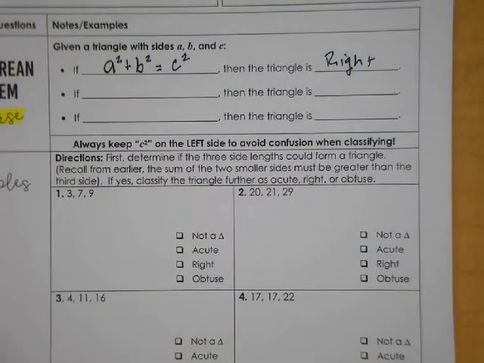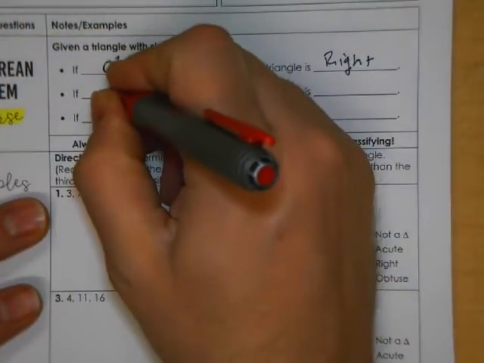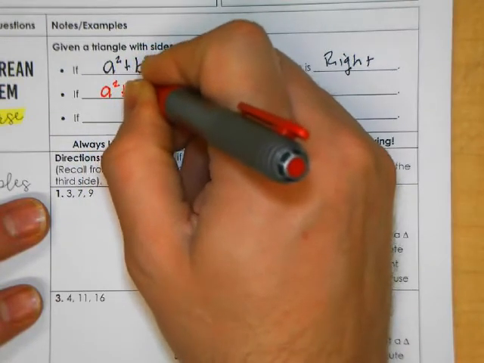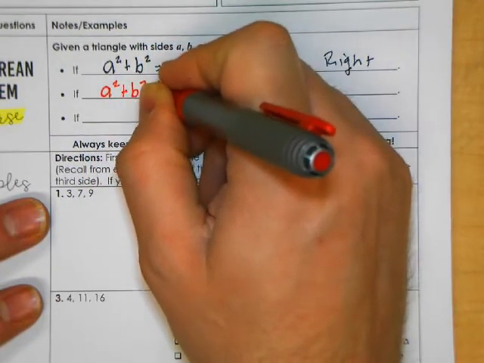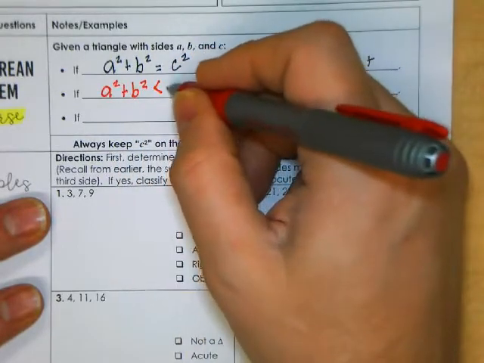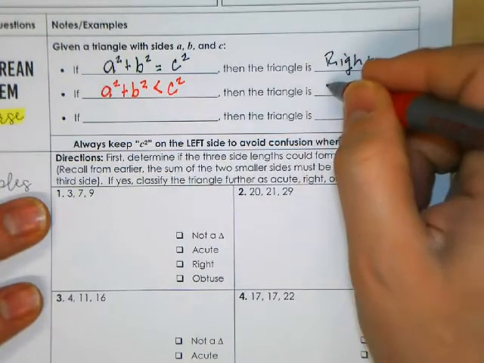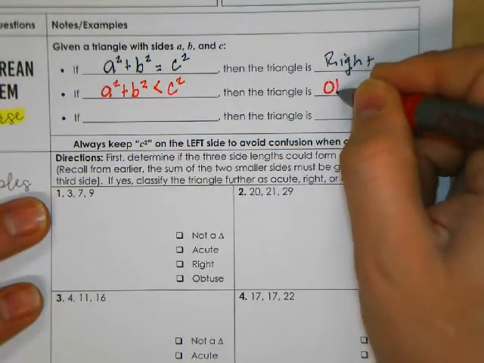However, as we just showed you, if the sum of the two sides squared, and the third side squared is greater than those, then that means the triangle will be obtuse.